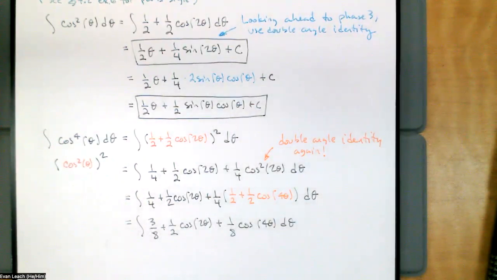And so we've accomplished what we want to accomplish. We got rid of the cosine squareds and replaced them with a cosine of 2k theta, which, as previously noted, is borderline trivial to integrate.